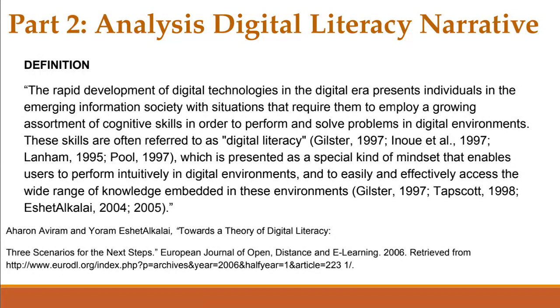These skills are often referred to as digital literacy, which is presented as a special kind of mindset that enables users to perform intuitively in digital environments and to easily and effectively access the wide range of knowledge embedded in these environments. Like, okay, yikes. So that's a whole thing.